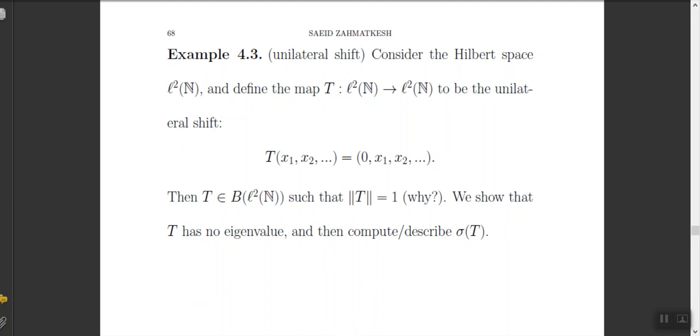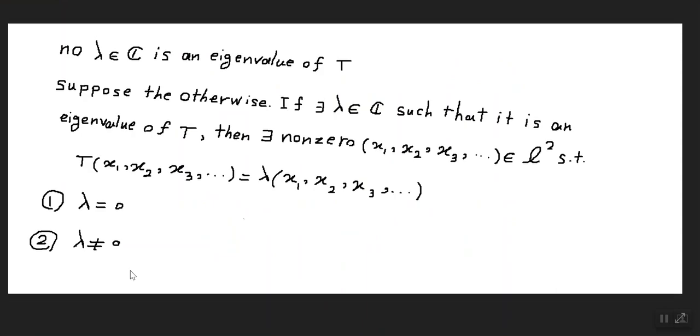Let me explain step by step. First, we want to show that T has no eigenvalue, right?